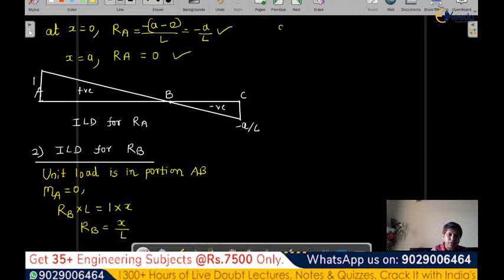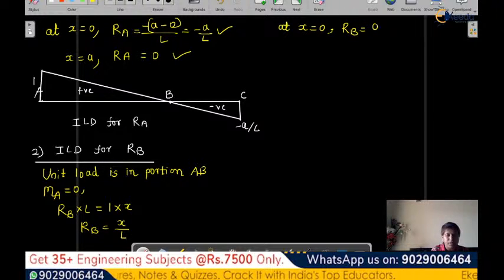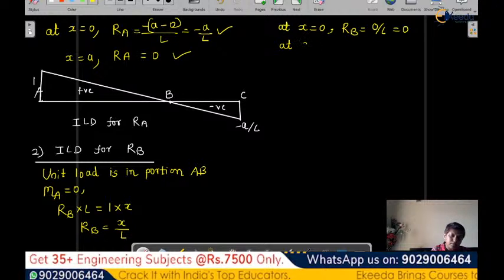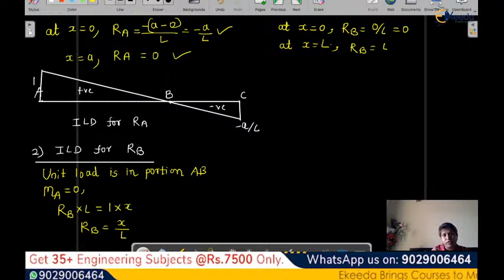At X equal to 0, RB will become 0 by L, equal to 0. When X equal to L, RB will be equal to L by L, so it is 1. So we got the values for RB when our unit load is in portion AB.